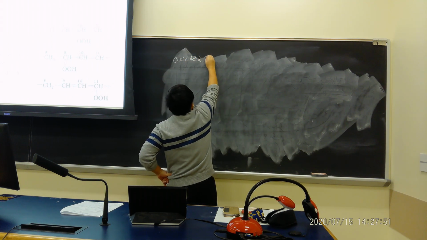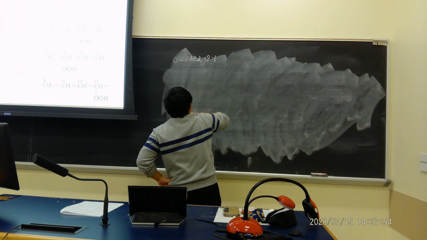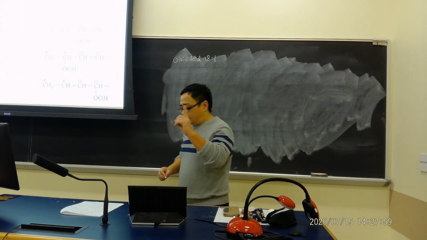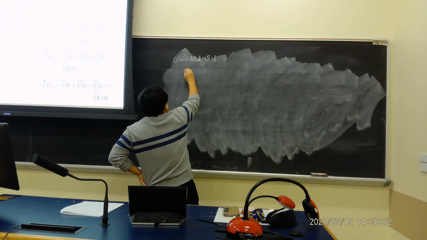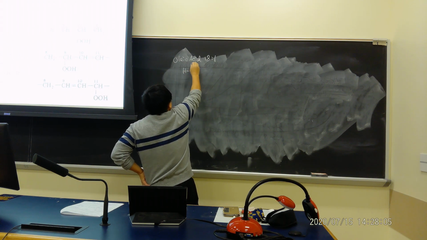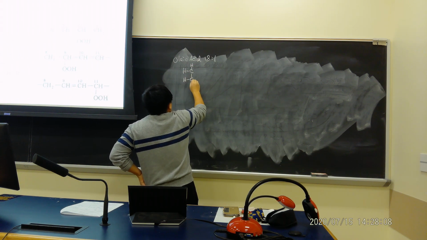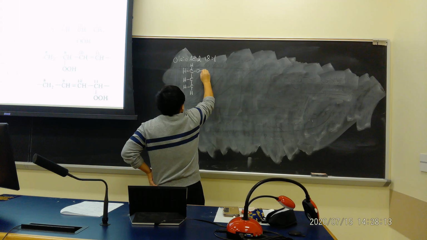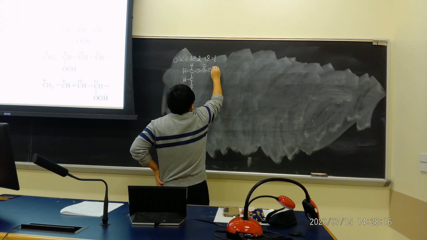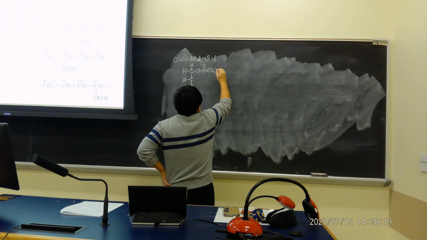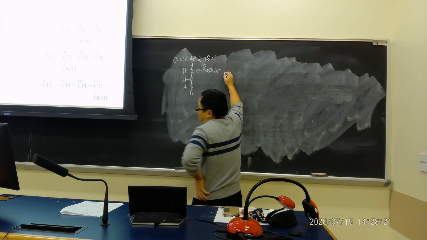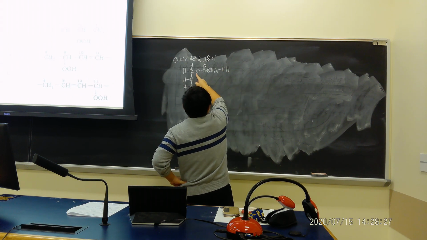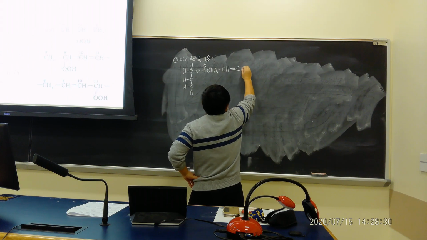Okay, oleic acid is 18:1. 18 carbon atoms, 1 double bond. What does it look like? Let's draw it. It has a double bond. 1, 2, 3, 4.